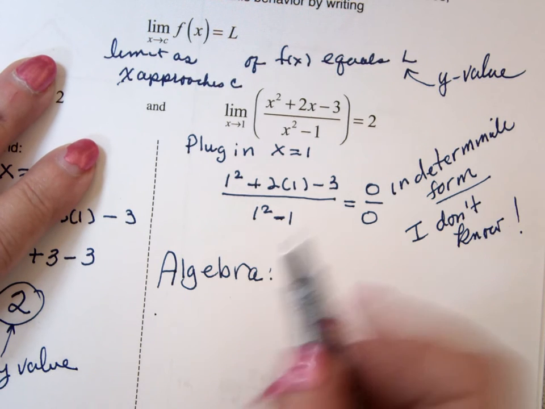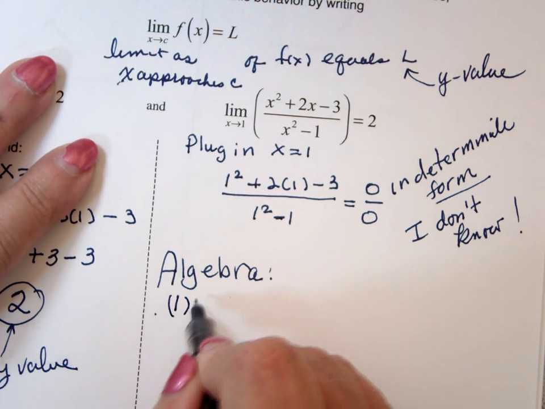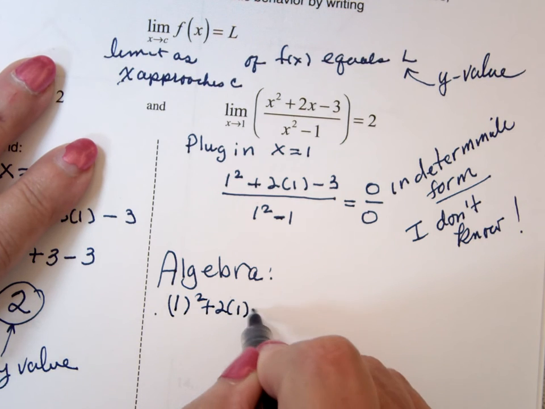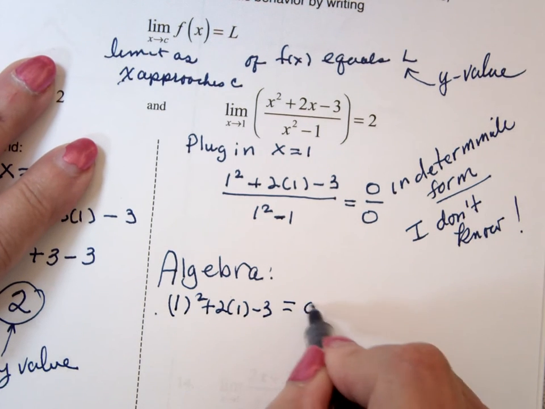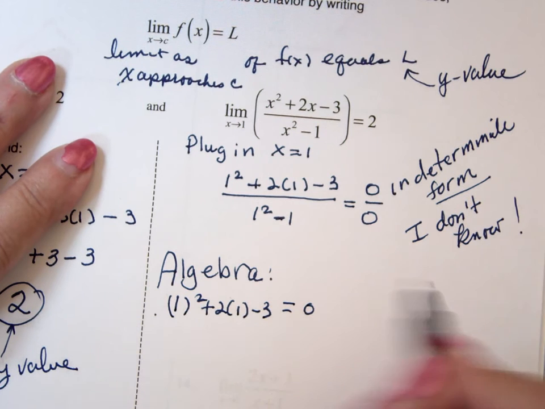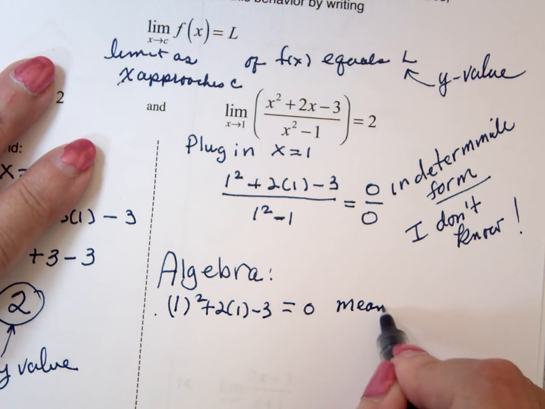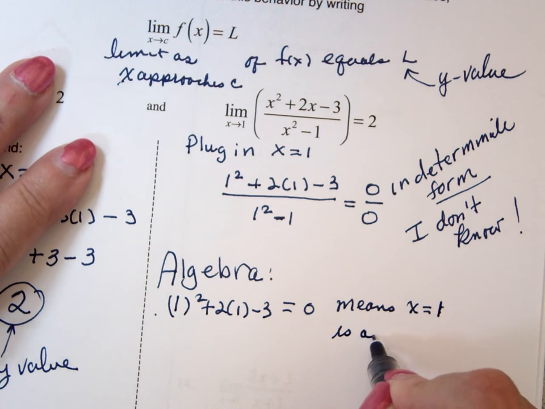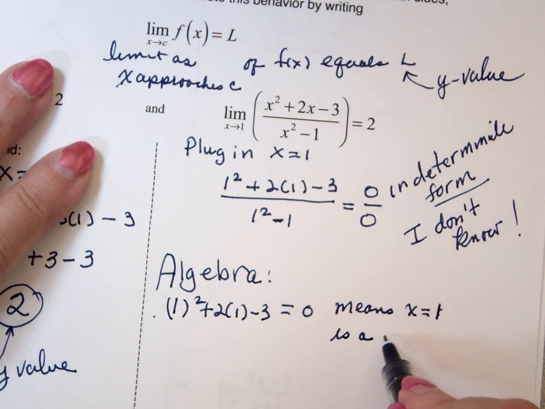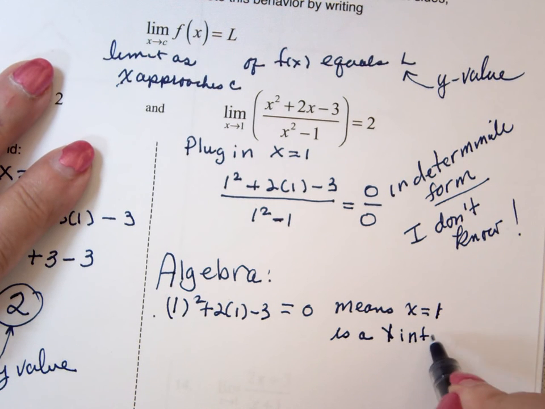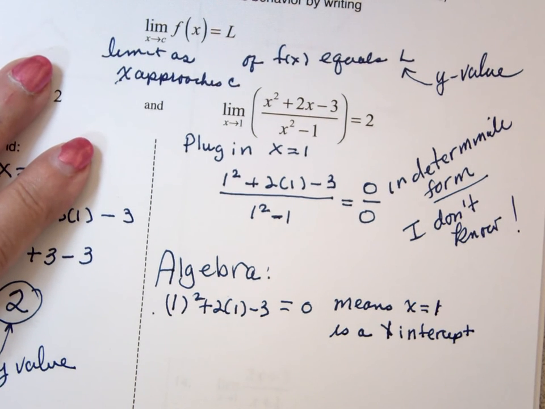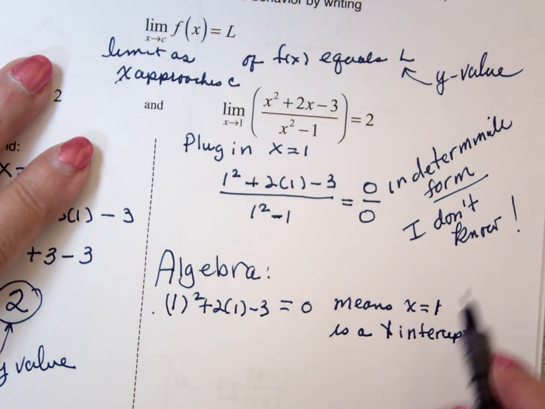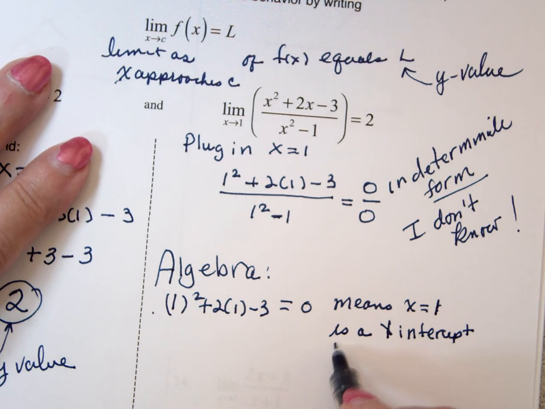If I take 1 squared plus 2 times 1 minus 3, and I get 0, this means x equal 1 is an intercept. And it's an x-intercept, because y is 0. It is a 0.